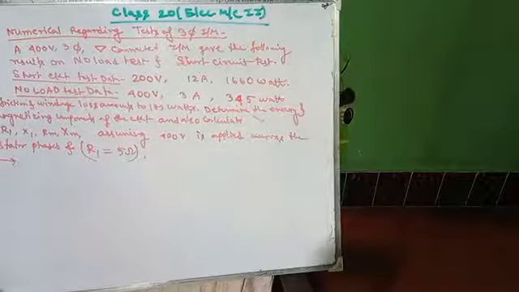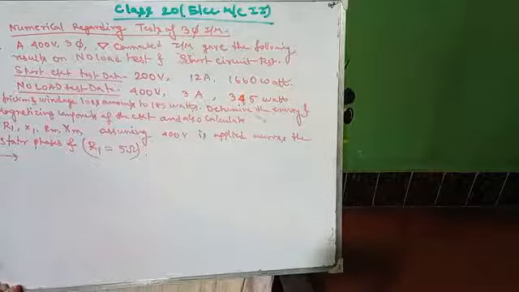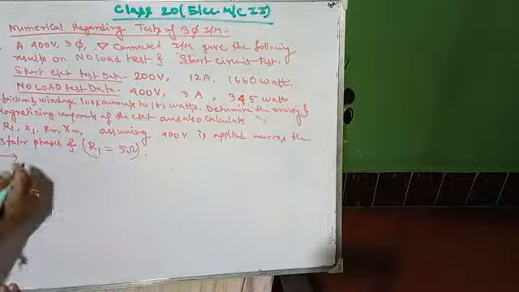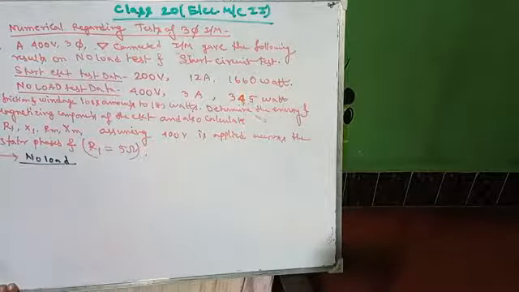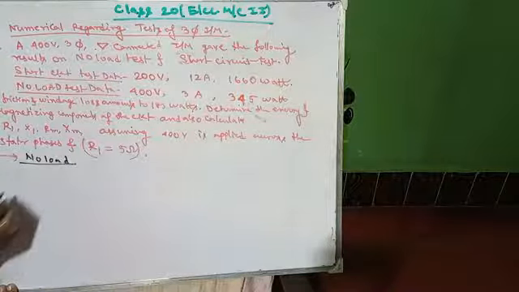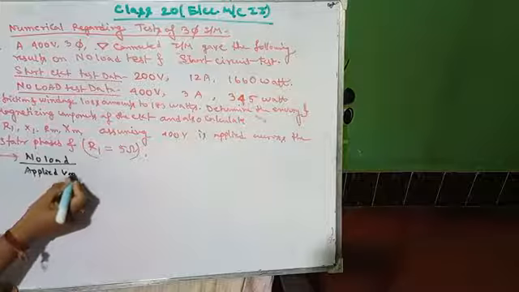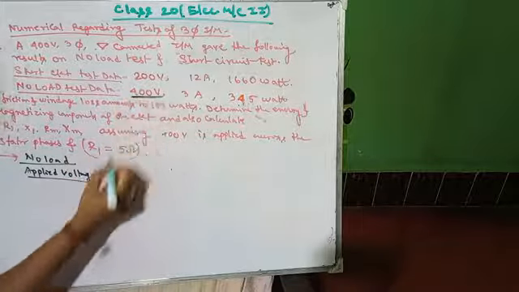Okay, so this type of question is frequently asked in your exam. So now we have to perform the test, starting for no load. Make a heading no load. For no load, the applied voltage is 400 volt, right?